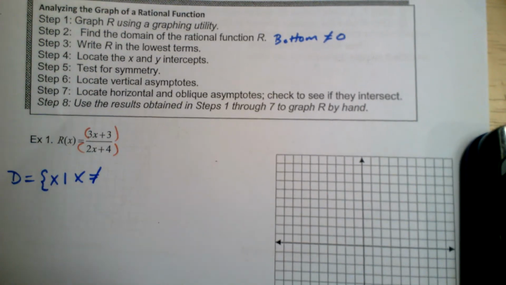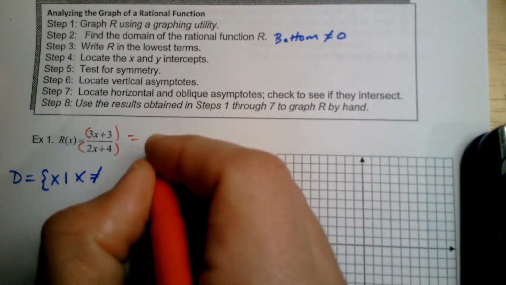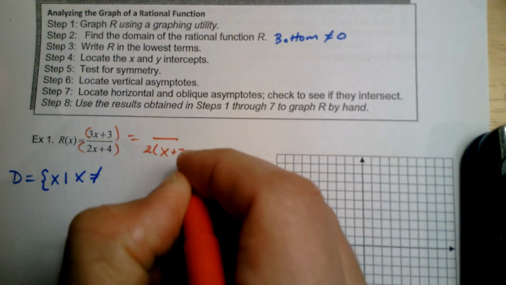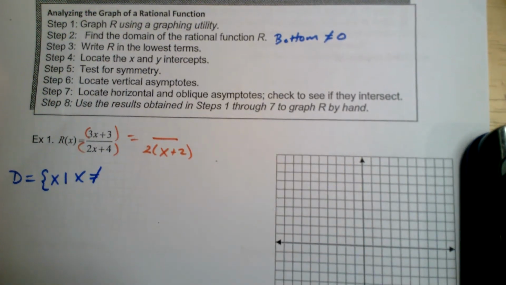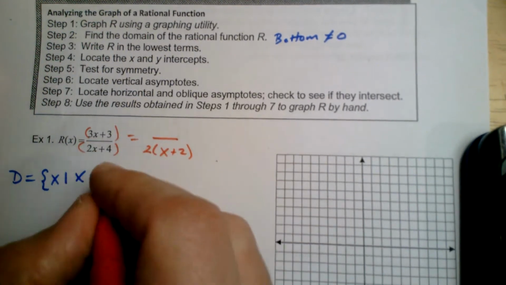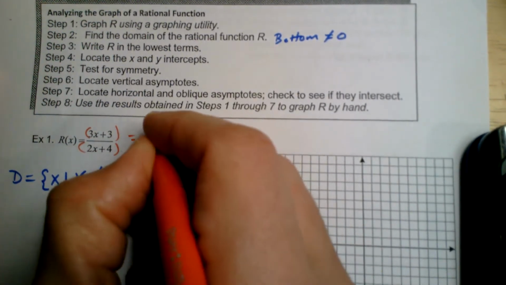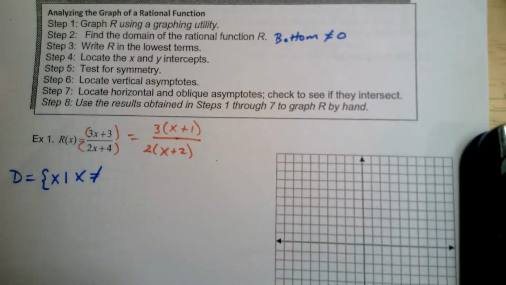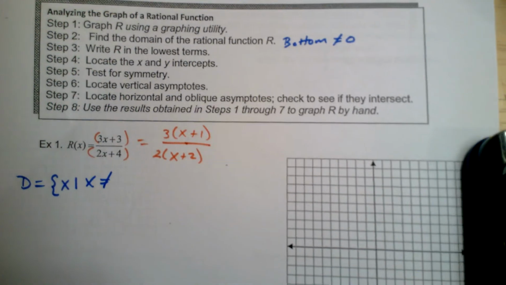One thing you can do to help you answer that question for domain is try to factor it. You can take a 2 out, the GCF. And now what makes the bottom 0, y'all? x cannot be -2.